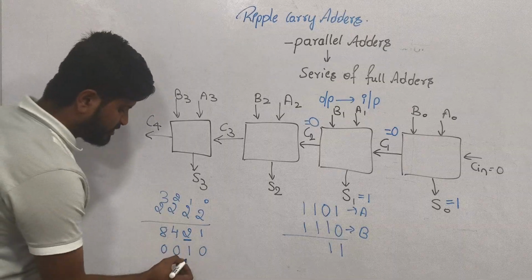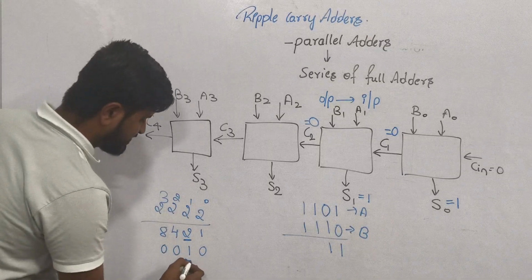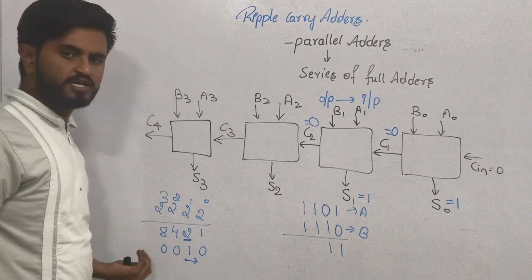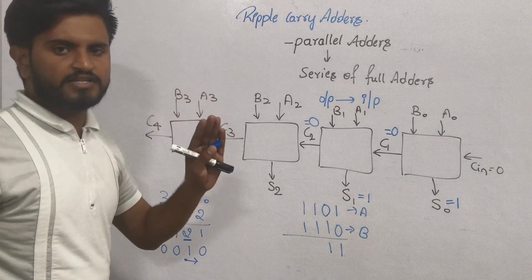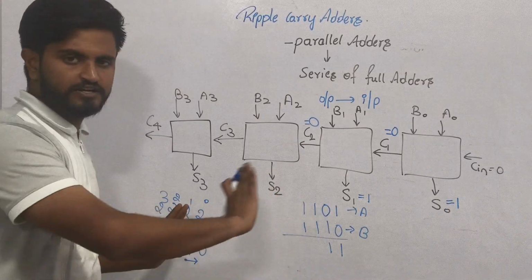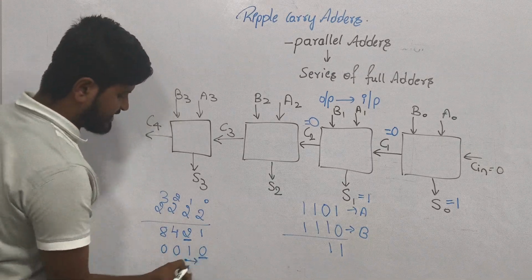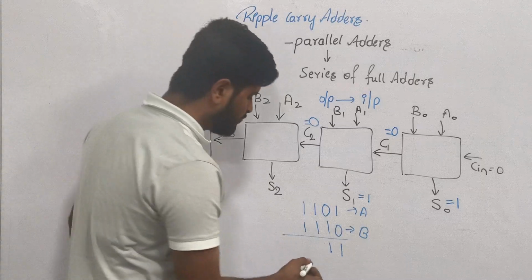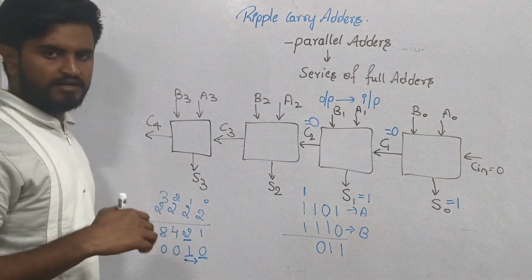We also know that whenever the non-zero elements start, you must take the zeros after that. You should not take the 0s which are before the non-zero element. Non-zero element means other than 0, so 1 is other than 0. After that, on the right side, you must take the value. So 1 and 0. Here 0 will be acting as the sum and 1 will be acting as the carry. So 0 will be the sum and 1 will be the carry when you add 2.